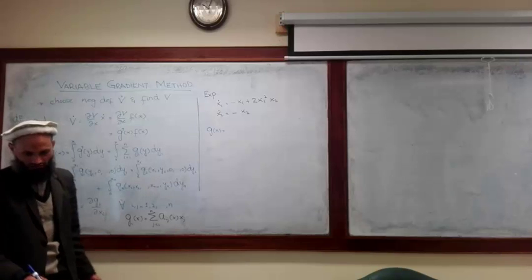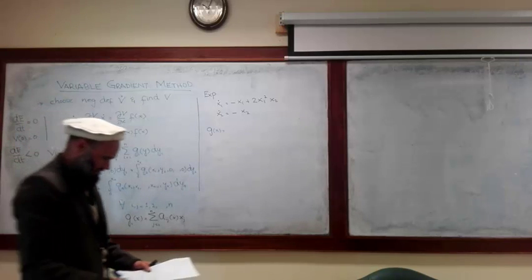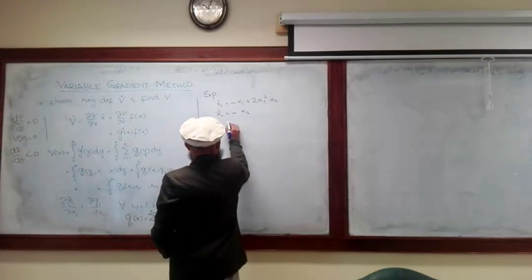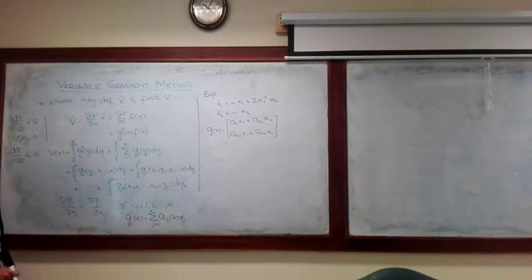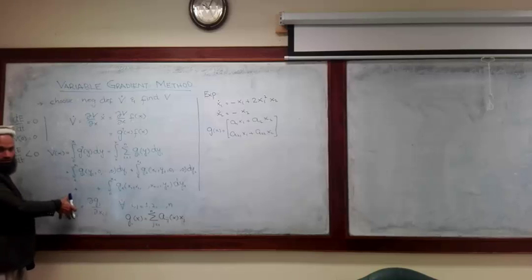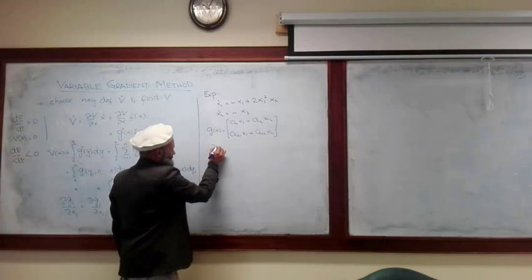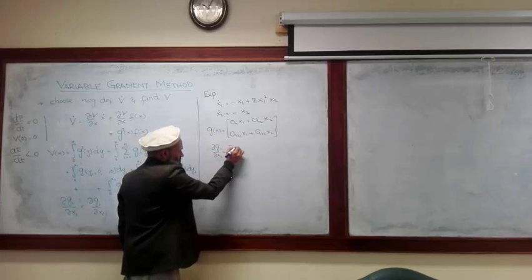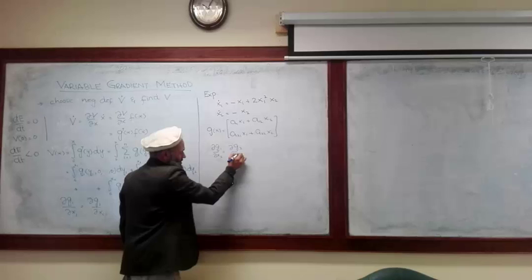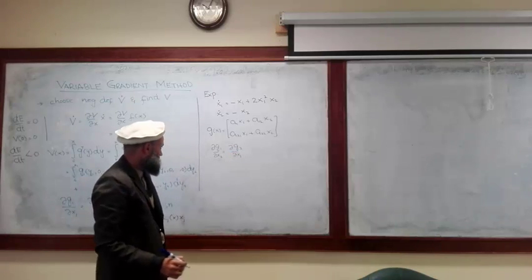So let's take a similar g of x. This g of x must satisfy this condition: the partial derivative of g1 with respect to x2 must be equal to the partial derivative of g2 with respect to x1.